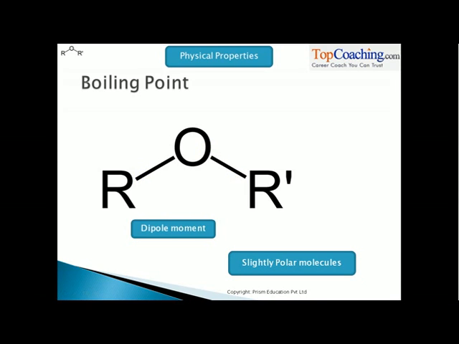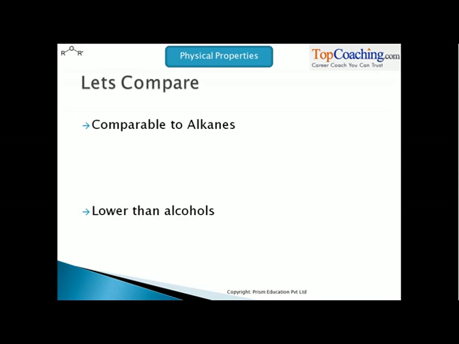Since we are in the chapter on alcohols and ethers, if we compare, the boiling point of ethers is almost comparable to alkanes. There is not much difference between the boiling point of the corresponding alkane and the ether, and it is very low compared to alcohols. Why so? Boiling point is determined, first and foremost, by the van der Waals forces, the dispersion forces, the forces of attraction between any molecules. Ethers have that, alkanes have that.